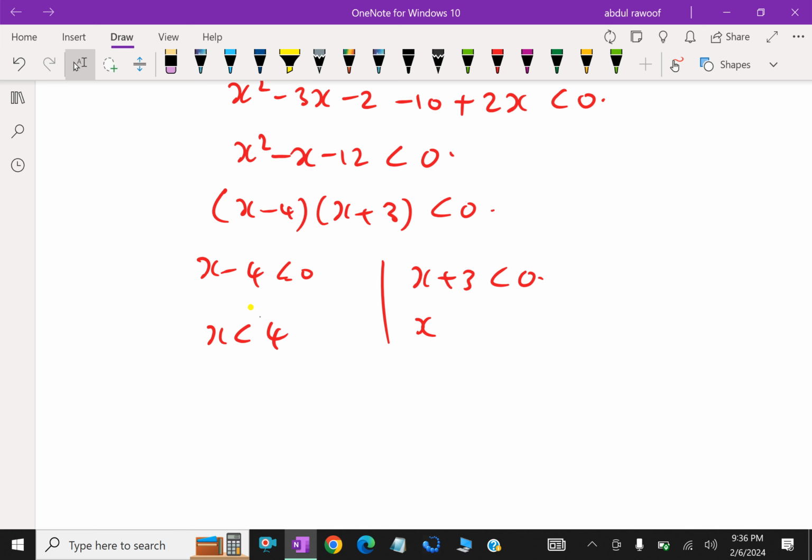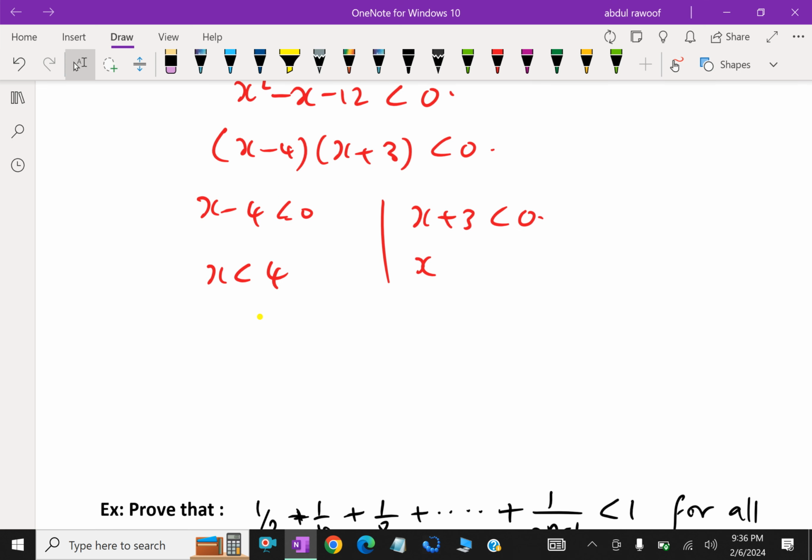This last inequality holds only in the following cases.